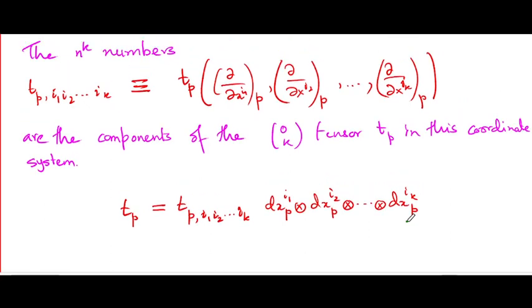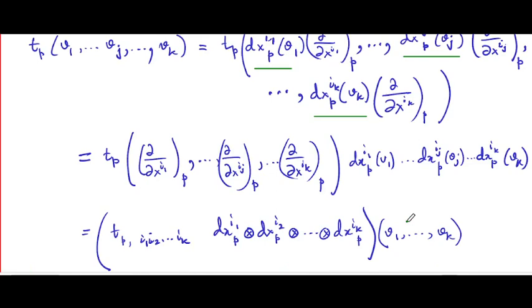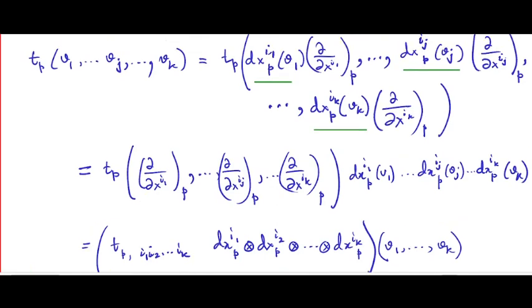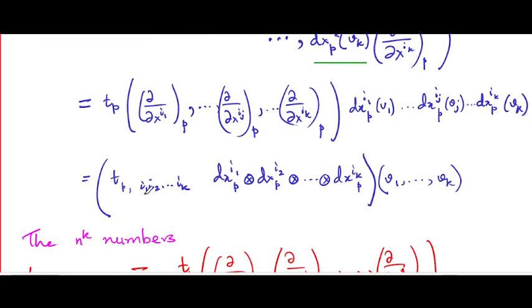But before we get to that, note this, which is something I just said: T_p acting on v1 through vk produces the same result as T_p i1, i2, ik, dxⁱ¹|p, tensor product dxⁱ²|p and so on, tensor product dxⁱᵏ|p acting on v1, v2, vk. And this works for all vi's.